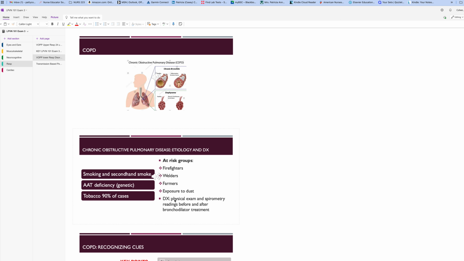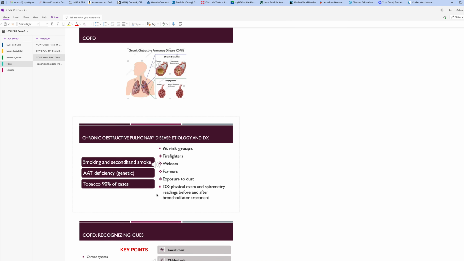We used to smoke in restaurants, right? And if they work in a bar, for a long time that could happen if they can smoke. There's a rare genetic disorder. Don't worry about that. Usually it's tobacco, 90% of the cases, and people that work in areas where they're exposed to dust or smoke. Okay.